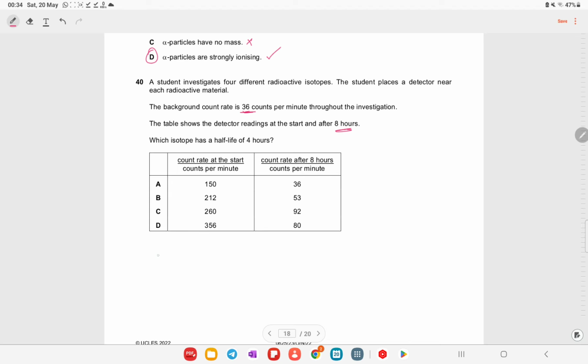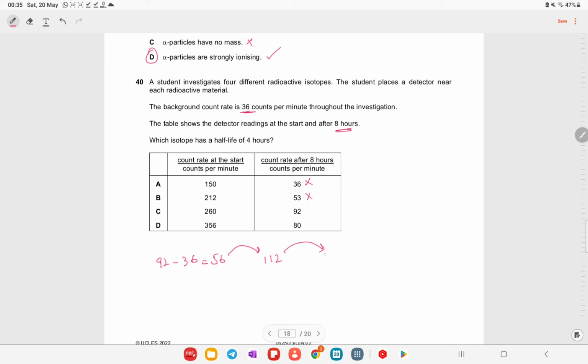First of all, we will do this. We cannot subtract 36 minus 36. This is not possible, and this is also not possible. It's basically the experience and the expertise that you get once you know. Now you see this, 92 minus 36 is 56, and in one half-life this is going to be 112.